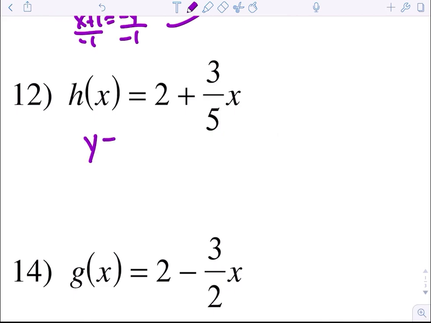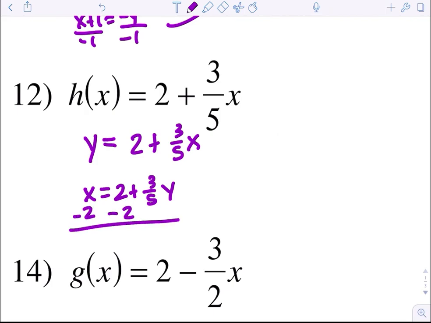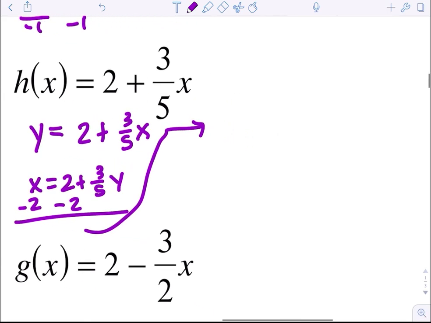Alright, change this to be y. Switch your variables, so this is x now, and this is y, and now solve for y. So subtract 2 from both sides. We're going to get x minus 2 is equal to 3/5 y, and now multiply both sides by the reciprocal.